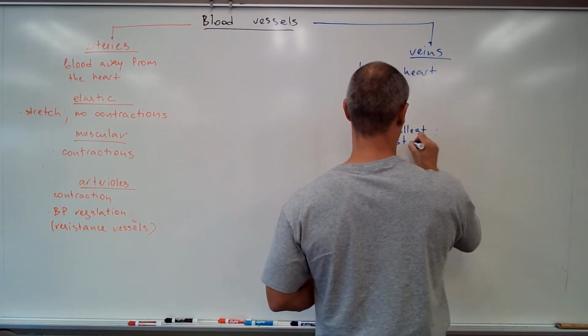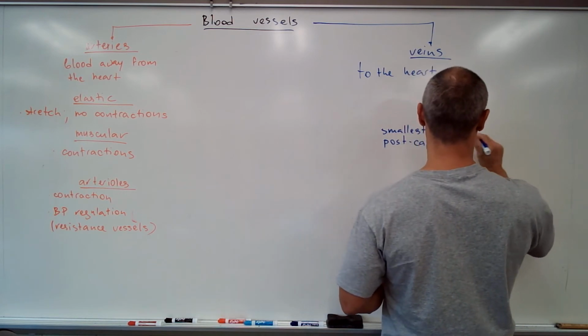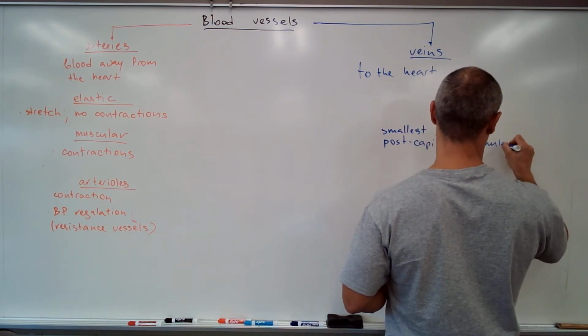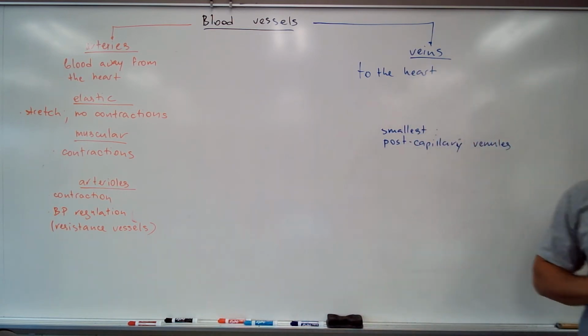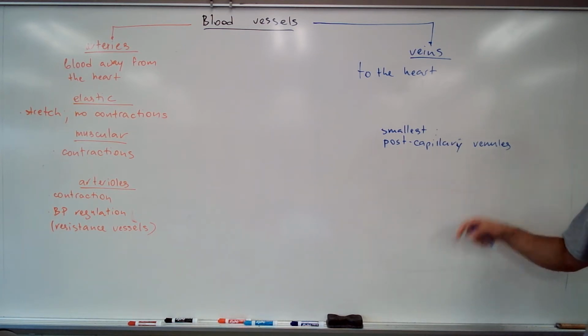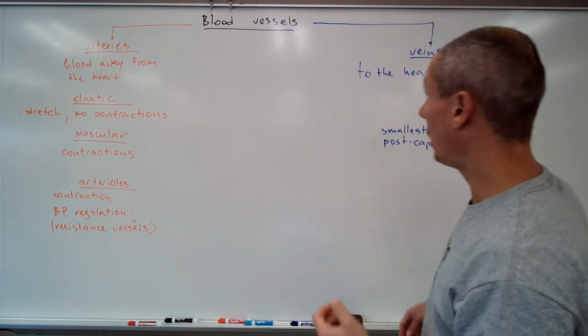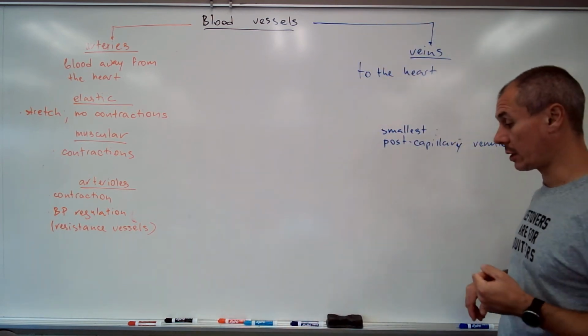So-called post-capillary venules, right? You see that? Are you with me so far? You good? Post-capillary venules. Which brings us to a third category of blood vessels, which are capillaries.